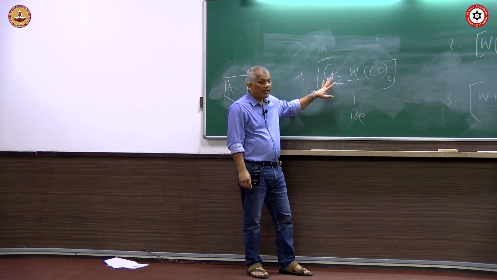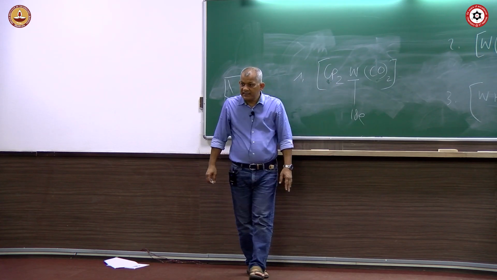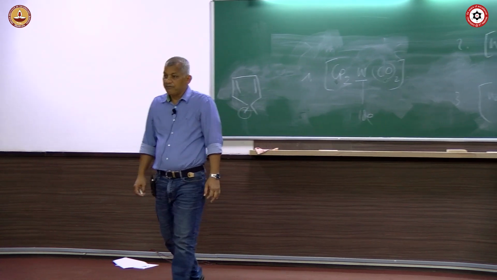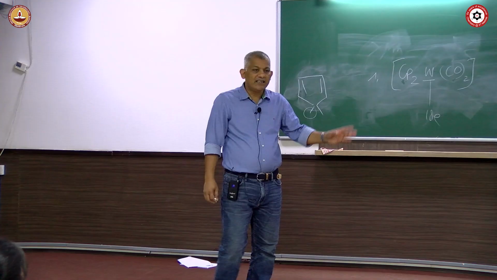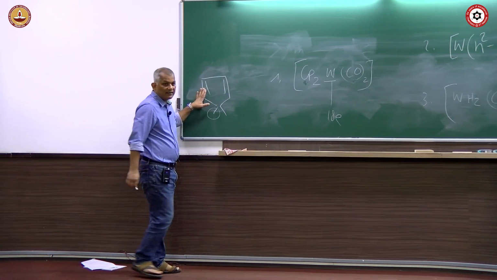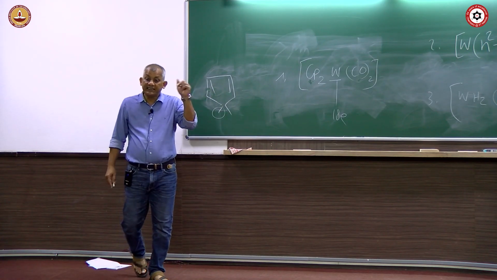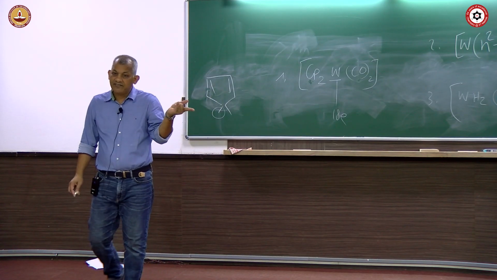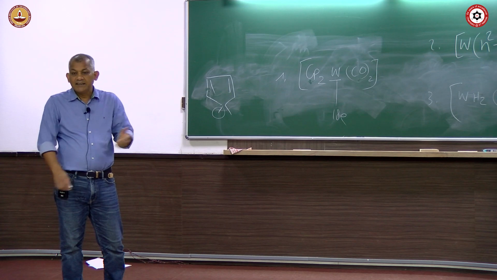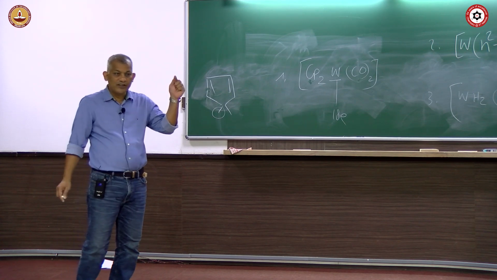So that means you have to make one Cp eta 5 hapticity. Have you heard about hapticity? Hapticity means, like, if you have this, let's say this one. The cyclopentadienyl can participate in eta 1, eta 3, eta 5, different types. Suppose you have a cyclooctadiene, it can coordinate with the metal.